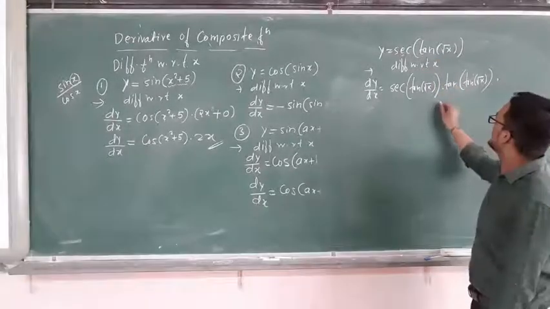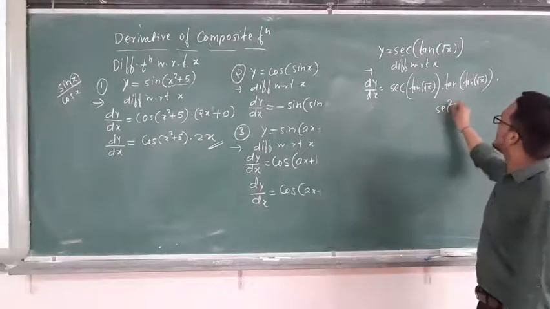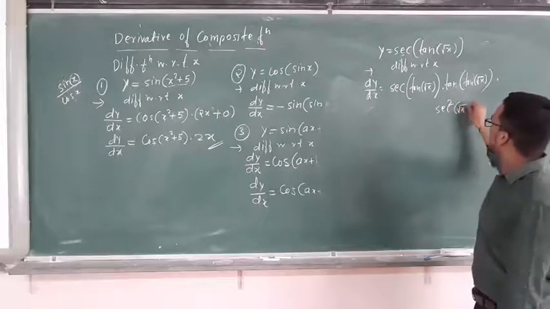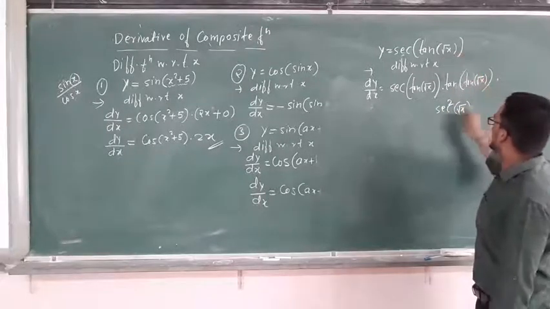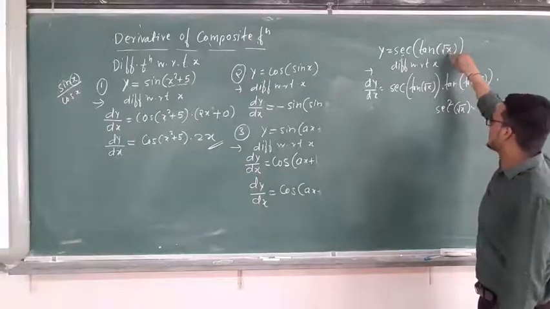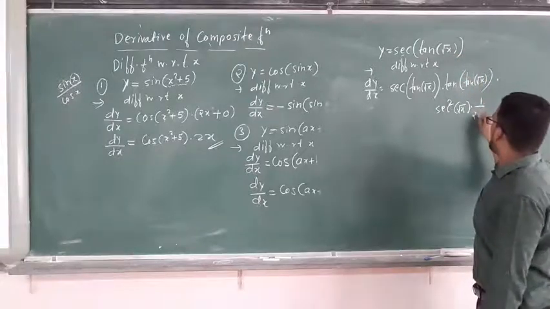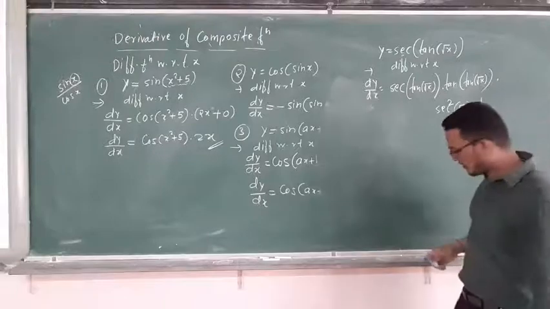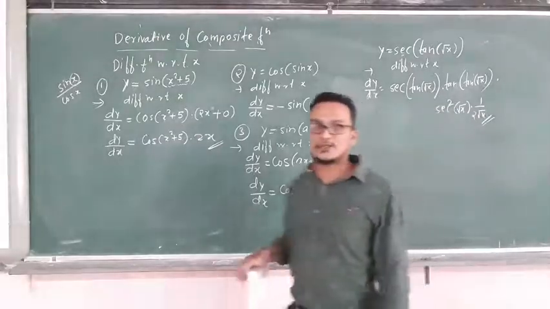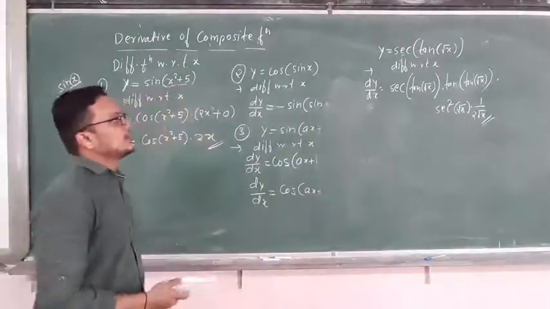Its derivative is sec² x, where x is √x here, into the third function, √x. Its derivative is 1 upon 2√x. So this is the derivative here.